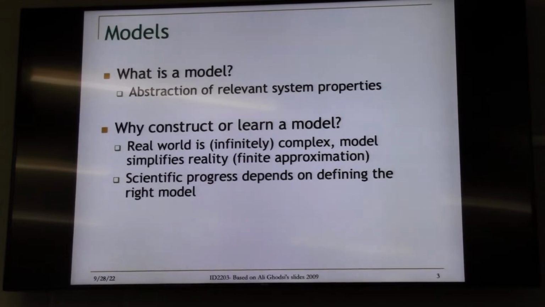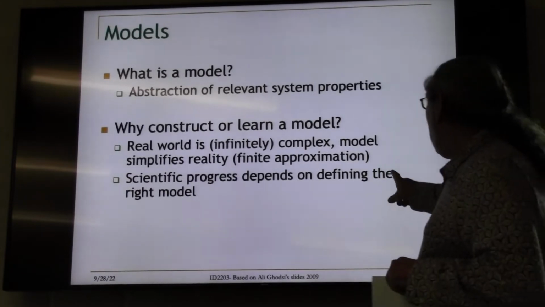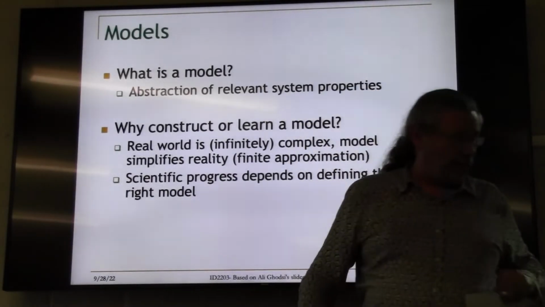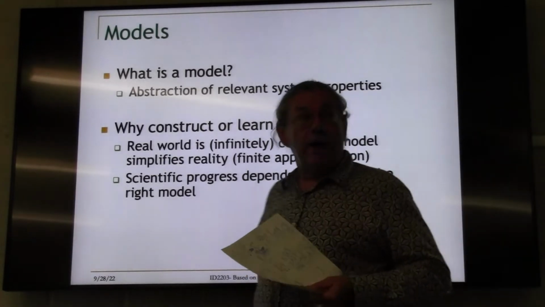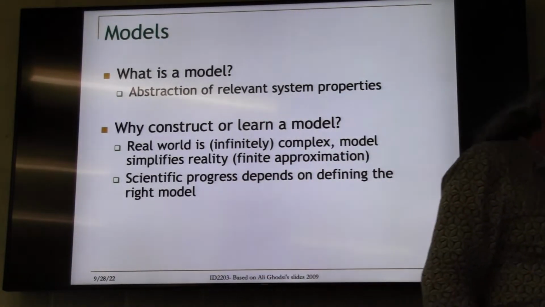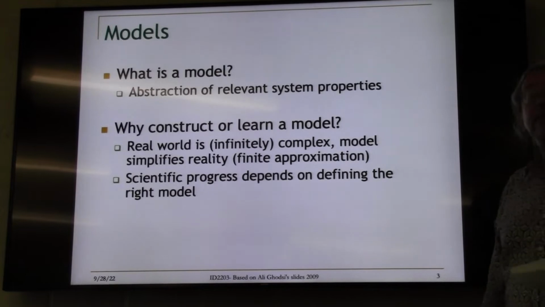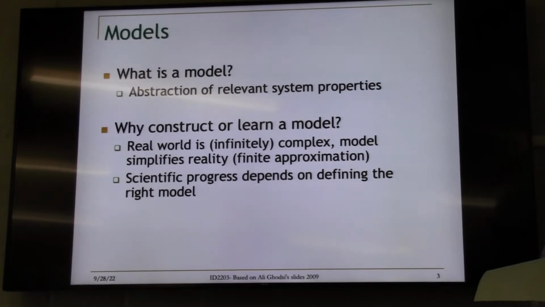In all your courses where you learn science, the whole point is defining the right model. So Isaac Newton was very lucky in the 17th century that his inverse square model really describes well the solar system. Because if we were living inside of a cluster nebula, that would not be possible.